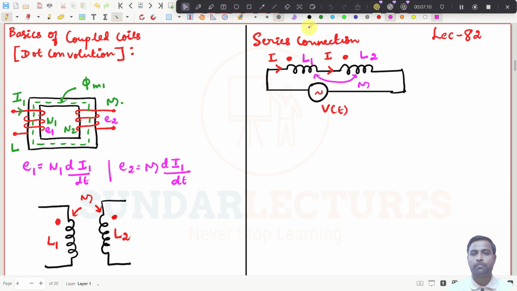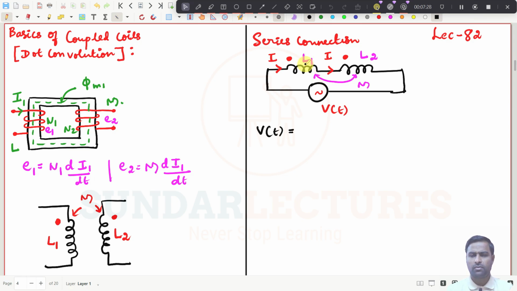If I want to write the V of t expression for this connection, I am writing the KVL expression. V of t will be equal to, see, this coil will have self-induced EMF and also mutually induced EMF.